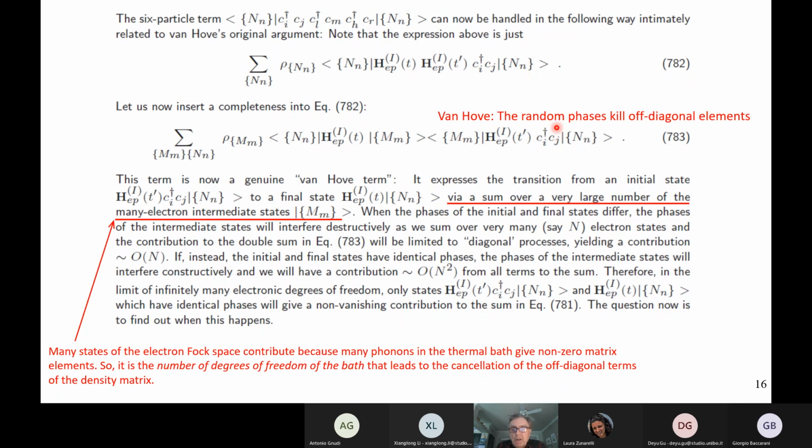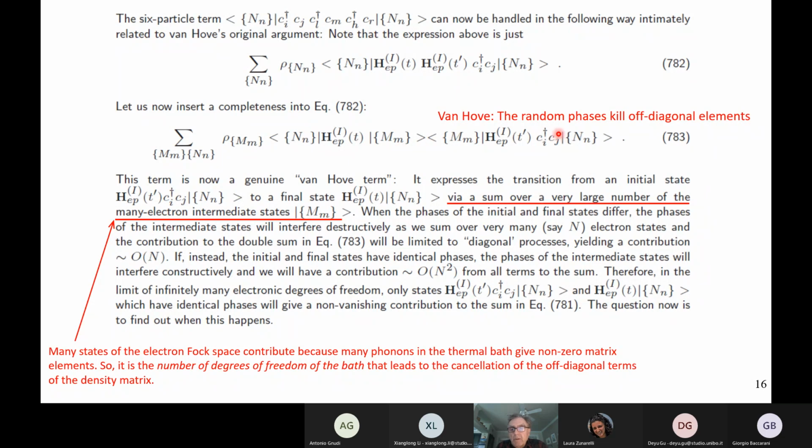If the initial state, so to speak, which is this object here, and this state are different, the phases of these two terms will be distributed at random. They will all be different. If instead this state and these states contribute with a fixed phase, so they are the same, so to speak, then the phase of these two objects will cancel exactly.